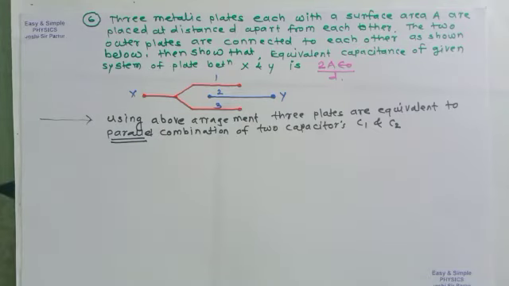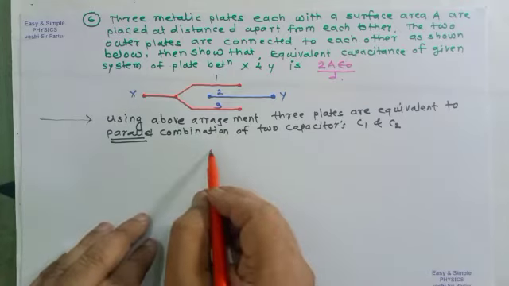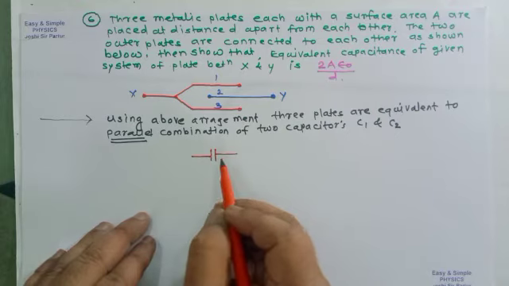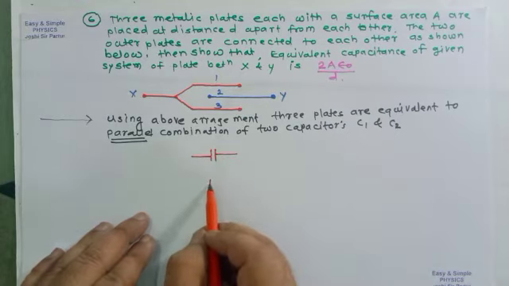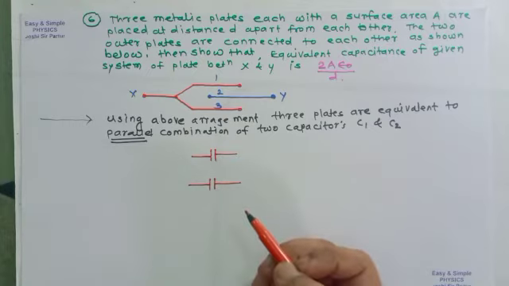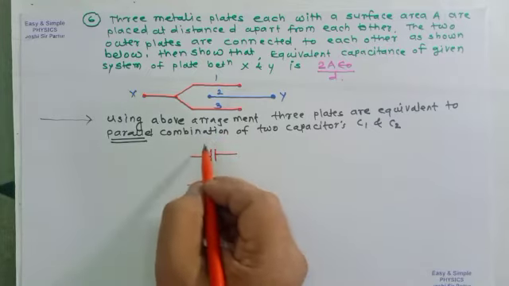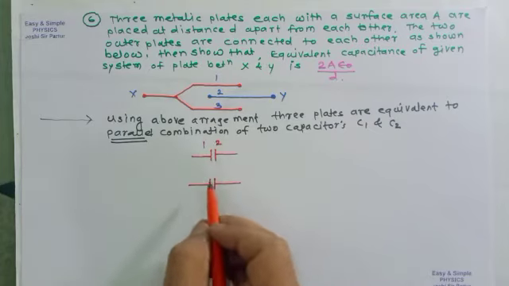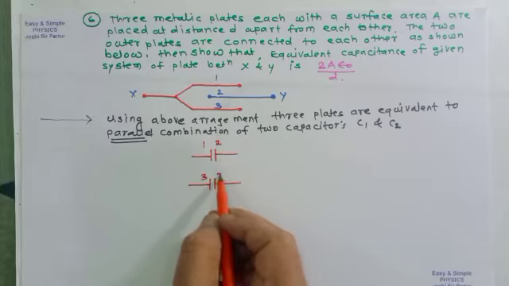So how is it possible? We know that these are the two plates, and here another capacitor having two plates, means four plates are there, but the plates are 1, 2, and here 3, 2.